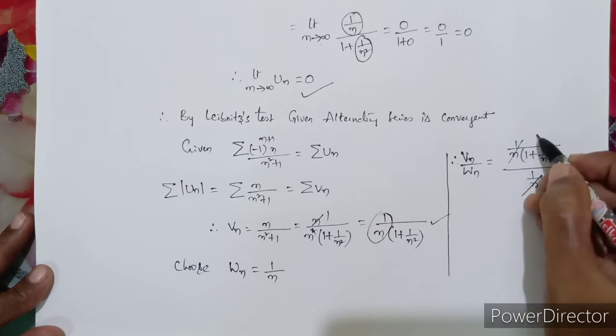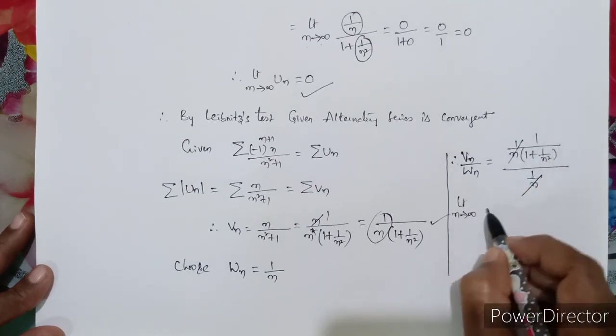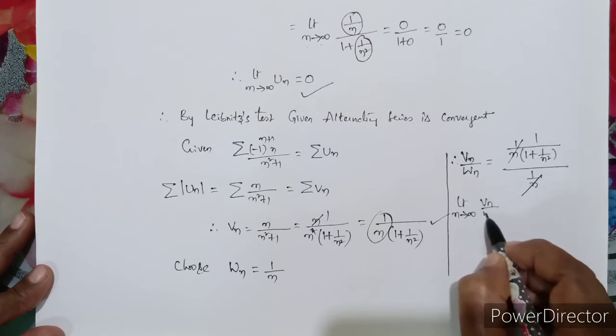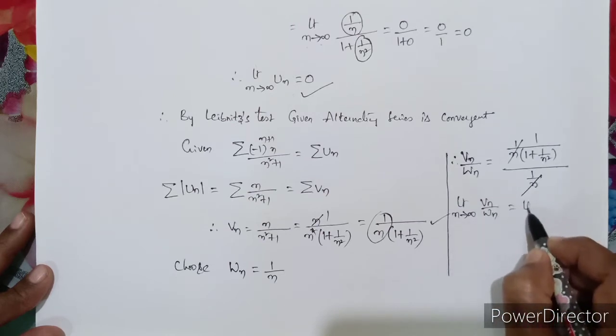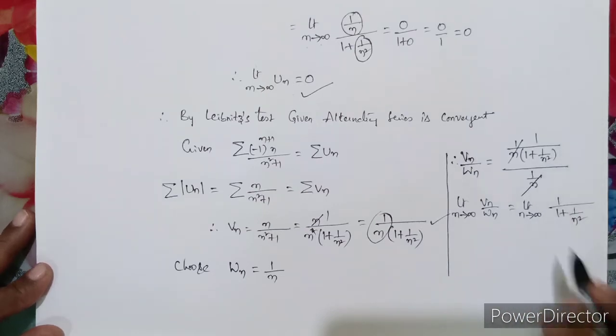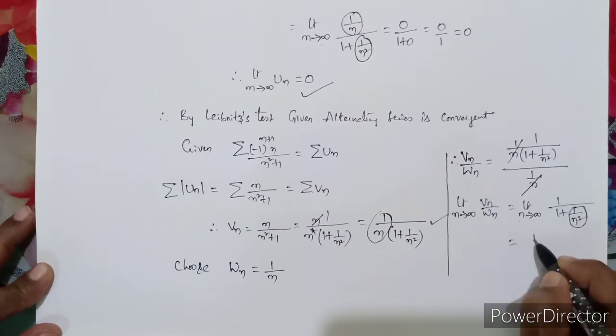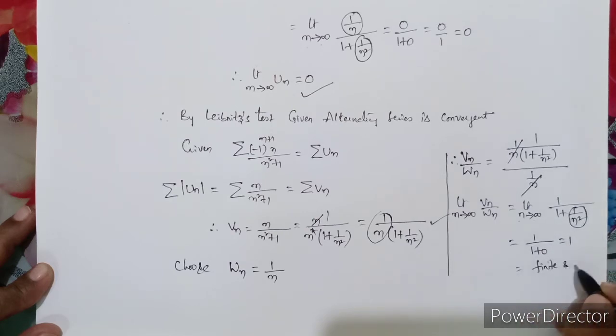Cancel 1 by n. Now apply limit n tends to infinity. Limit n tends to infinity vn by wn is equal to limit n tends to infinity 1 by 1 plus 1 by n square. As n tends to infinity, 1 by n tends to 0. Therefore, this gives 1 by 1 plus 0. It is equal to 1, which is finite and non-zero.